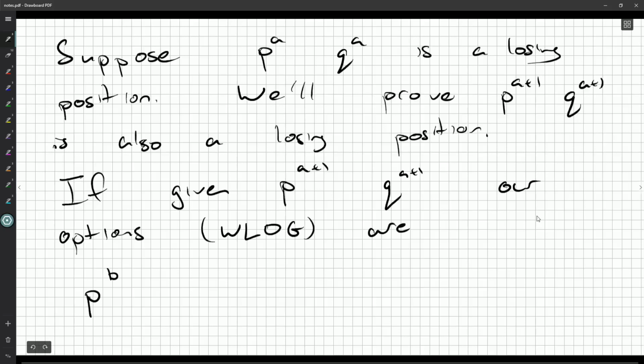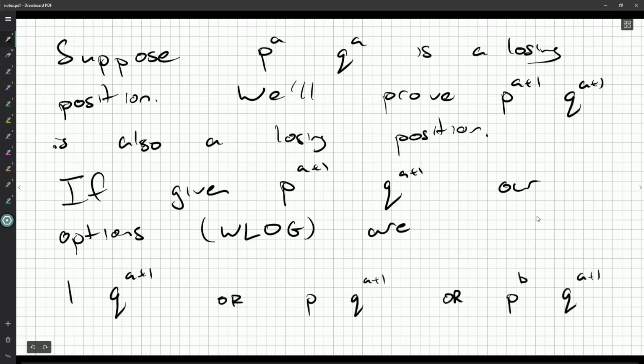p to the... So we could give them 1 q^(a+1), or p q^(a+1), or p^b q^(a+1). I'm saying a is greater than or equal to 2, with b greater than or equal to 2.